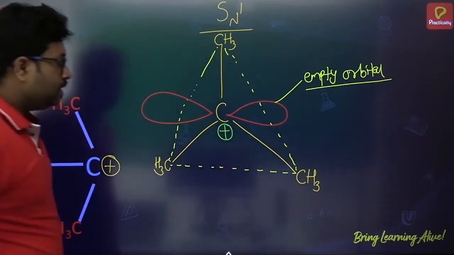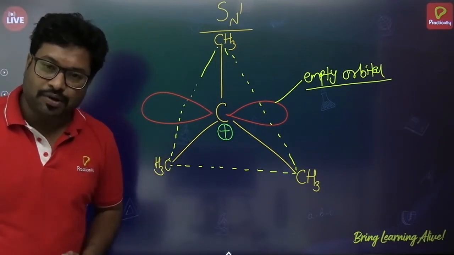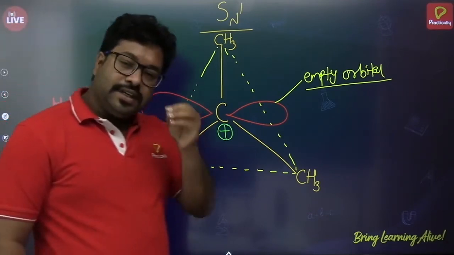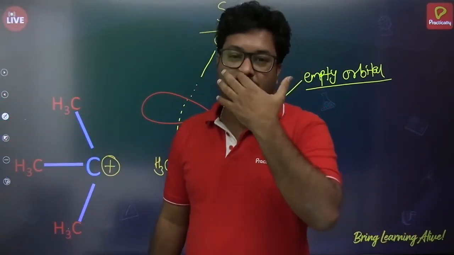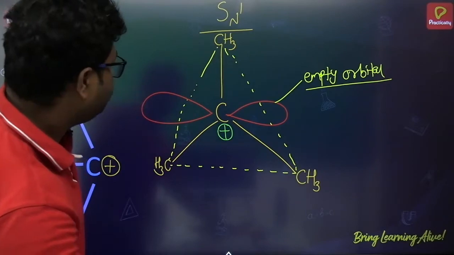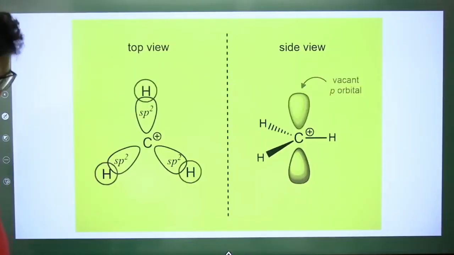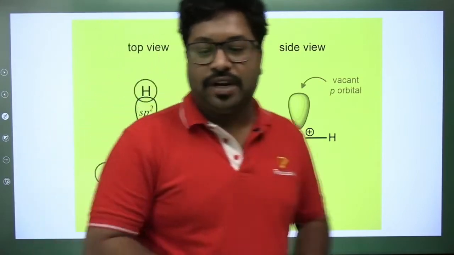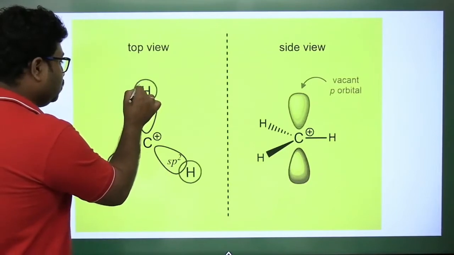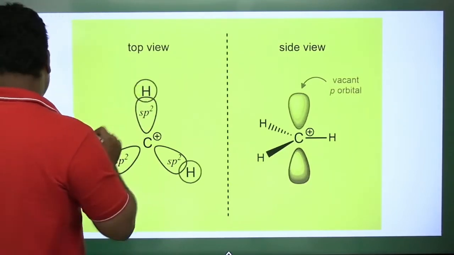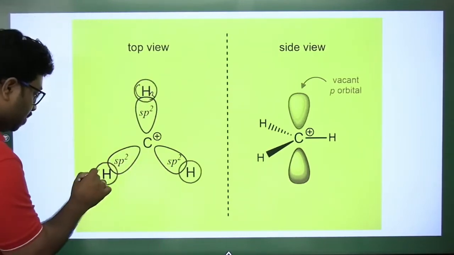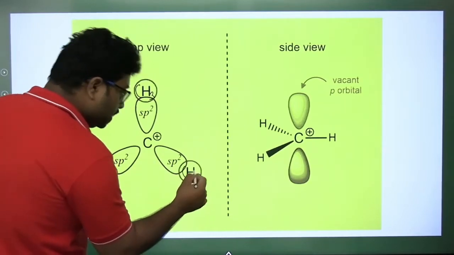See, that's how it actually is. This is trigonal planar carbocation, perpendicular to which is the empty orbital. Now this empty orbital is going to accept the electrons from the nucleophile. Okay. So moving ahead now. See, this is how your carbon actually looks like. This is the top view, and one more thing. Instead of hydrogen, there is a carbon there. There is a carbon CH3, then you have a CH3, CH3.